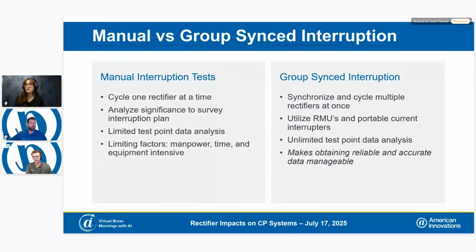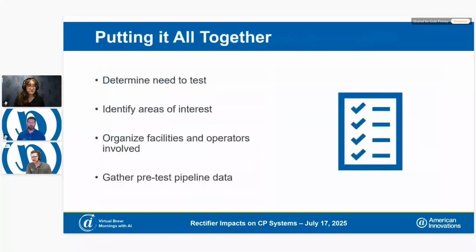This way you'll be able to synchronize and interrupt almost all of your rectifiers in one go, and then be able to gather test point data very easily at your site with PCS Field Data Collector. And it makes getting that data way more reliable and manageable than having to do it manually on a piece of paper.